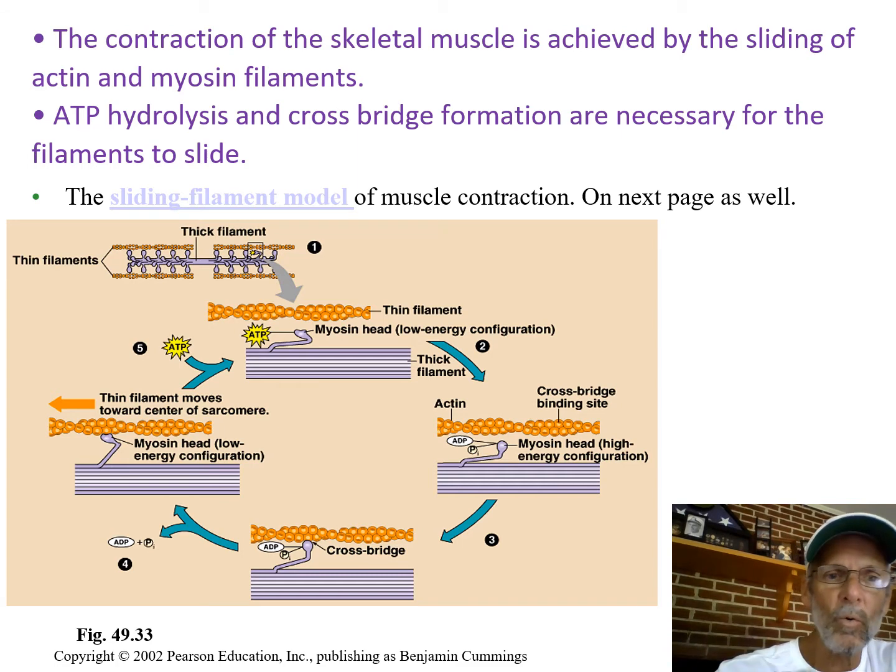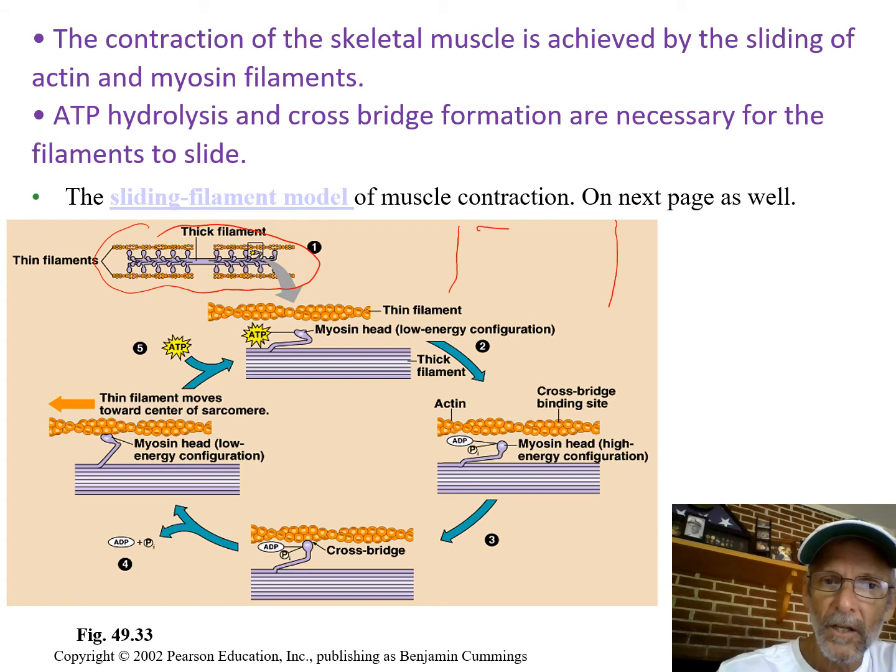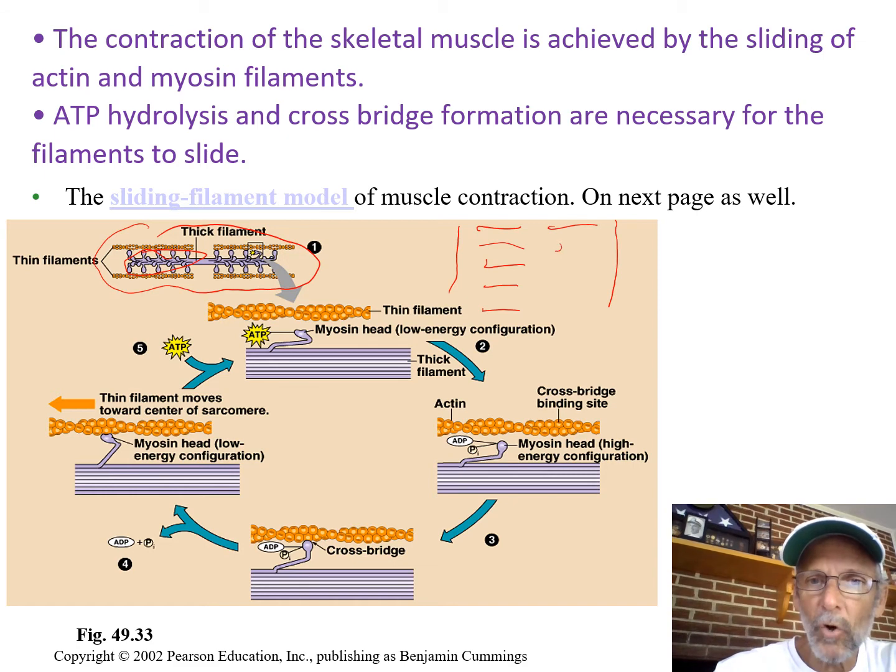So now what we have in this picture is just one little part of what a sarcomere has a bunch of. Here's one Z line, here's another. Here's a whole bunch of myosins. Here they just have one myosin right here, right? And over here is a whole bunch of myosins.